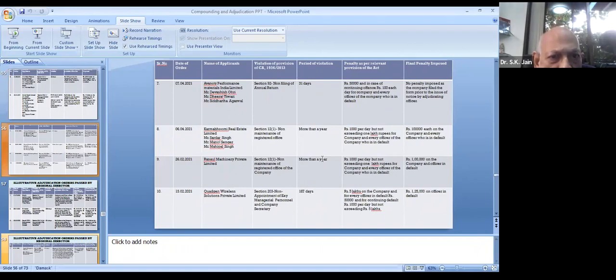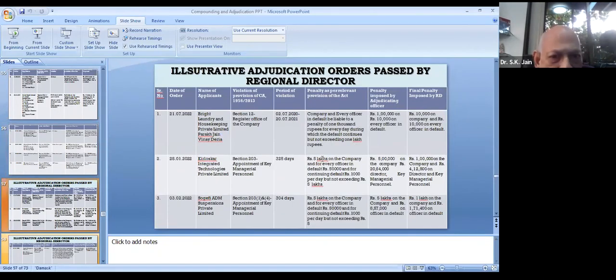Then another order is the order passed by the regional director in appeal. The first is the date of order 21/7/2020. Name of applicant, Bright Laundry, so and so.